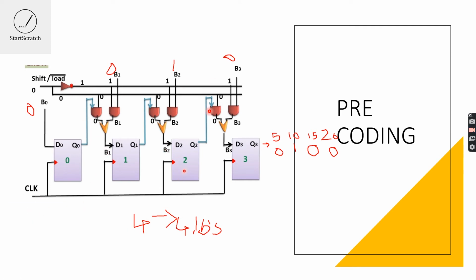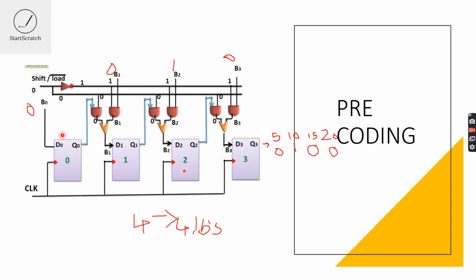This is the functionality. Then coming to the question of how this works, it will be using the load condition and the shift condition. As I said earlier, the load condition will dump these input values into the D flip-flops to store them, like the D flip-flops are acting as memory cells.